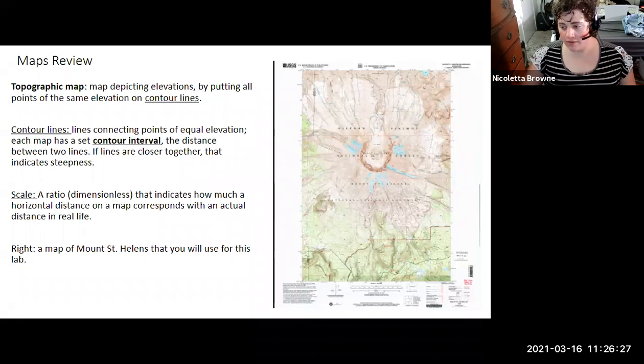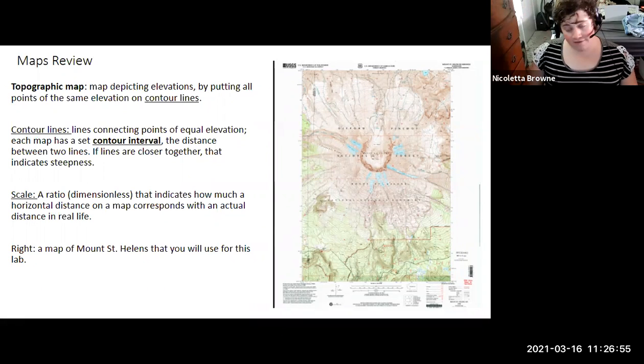With the contour lines all being the same elevation apart, the key thing to remember is that you want to look at how far apart they are. If they're placed farther apart, that shows that there's a longer horizontal distance as you gain, for example, 200 feet in elevation, meaning that you have a relatively gentle slope. But if they are placed extremely close together, that can indicate that you're climbing a very steep slope. You're gaining elevation without moving horizontally very much.